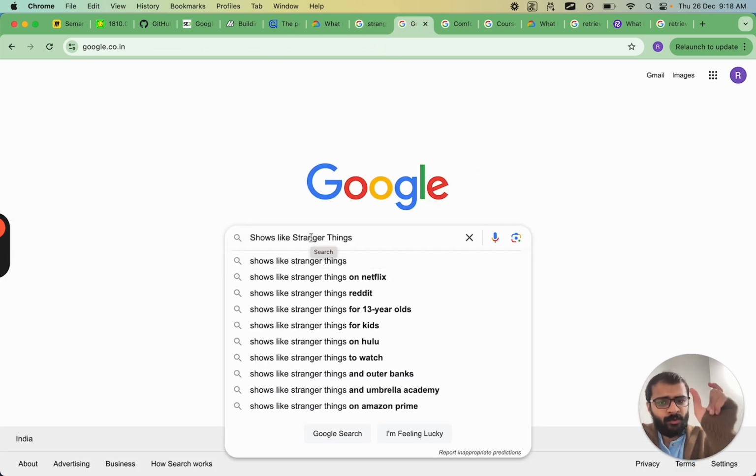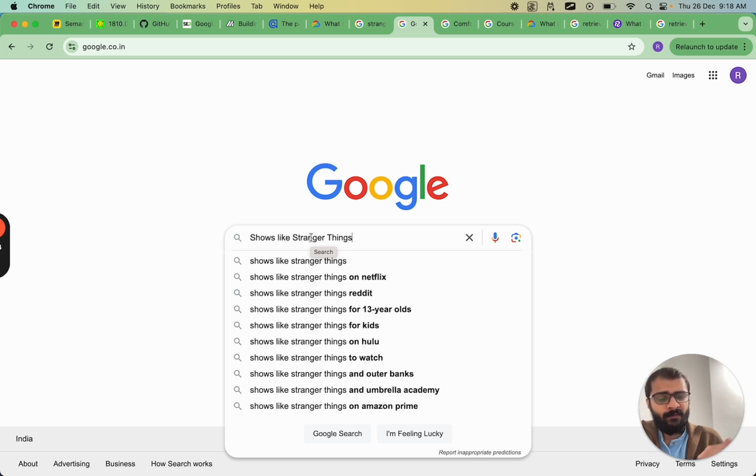So it will look for shows, stranger and things, and it will give me maybe shows which have stranger in them or which have things in them. Although that's not what I have asked at all. But that's how the earlier search systems worked, right? So it will probably give me shows which contain the word stranger in them, such as a show called Strangers, maybe. Do you see the disadvantage of these methods?